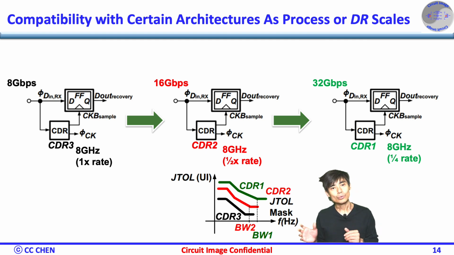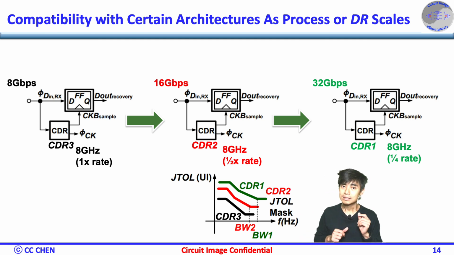Again, when the full-rate CDR hits speed limits, the half-rate CDR has the advantage of improving power efficiency, relaxing timing requirements, and improving the jitter tolerance with less DDJ and RJ, which are important design considerations.